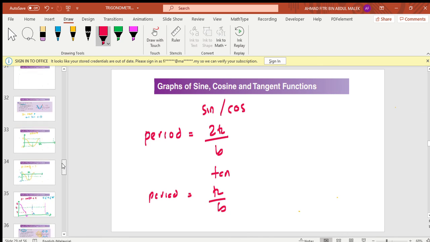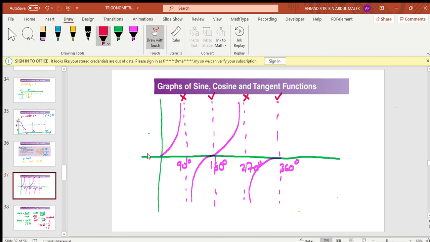Why? Because the shape is repeated. Look here, look at my cursor. Here it is still not repeated, but after pi, after 180 degrees, it repeats. So the different thing about the tangent graph is that it doesn't have amplitude, because we don't need to draw it until infinity.